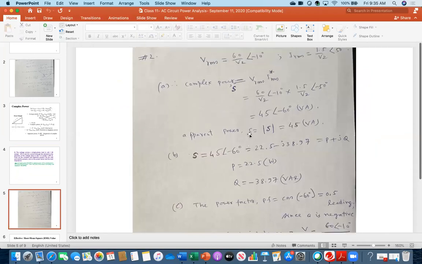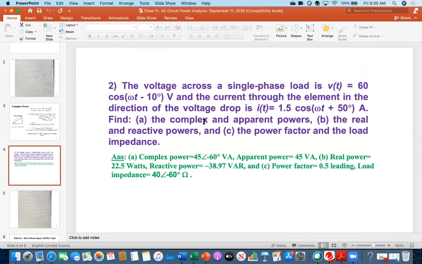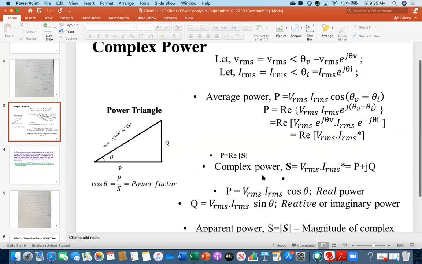At the beginning, I am writing V RMS and I RMS, including the angle. Why am I doing that? Because the very first question was to find the complex and apparent power. So the first one is the complex power. What is my definition of complex power?